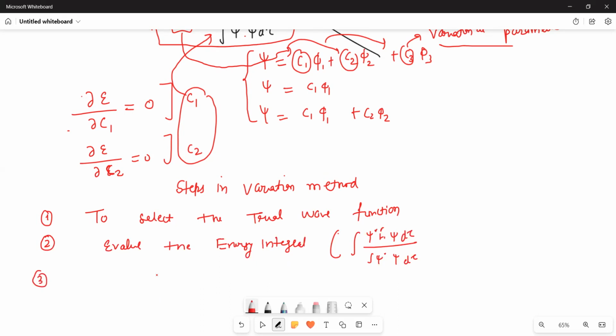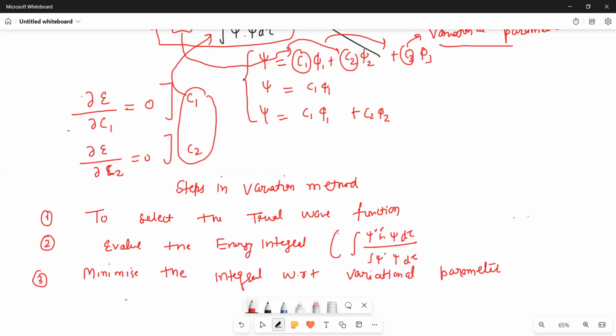In the third step, after the evaluation, what will you do? We will minimize the energy. Okay. After evaluation of the integral, we will minimize. Then the third step is to minimize the integral with respect to variational parameters, whichever will be present in our wave function, here C1, C2 and A1, A2 and AB.